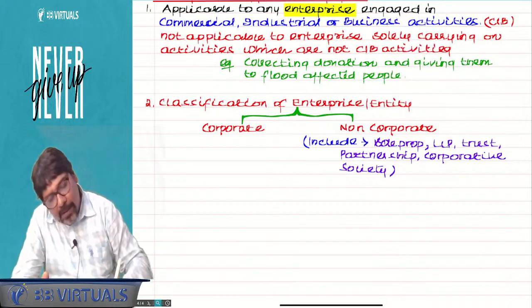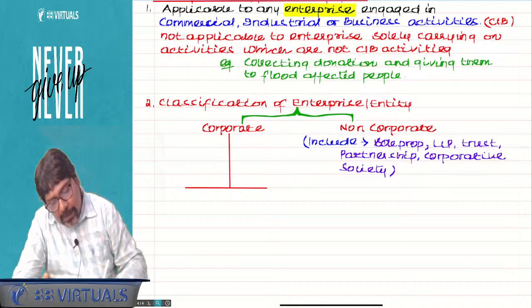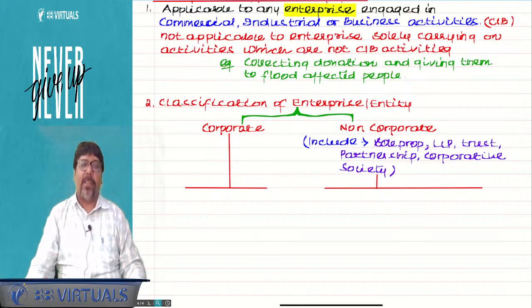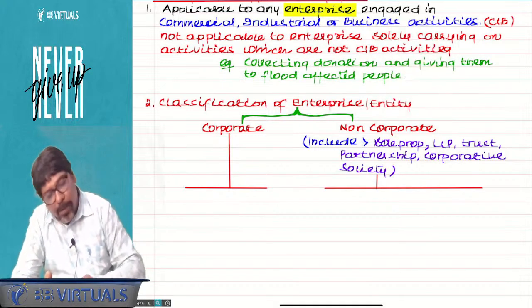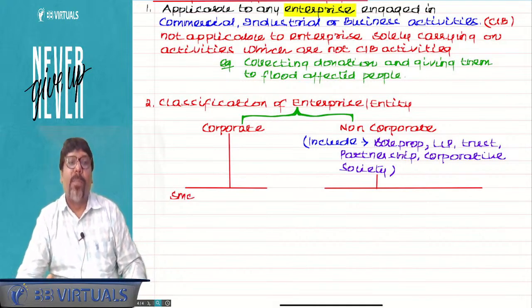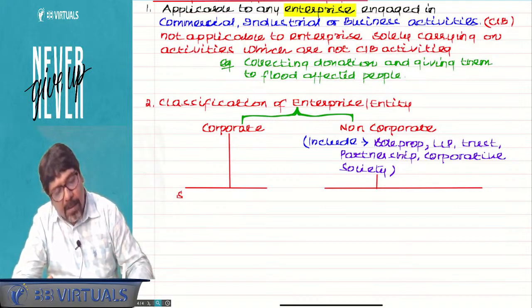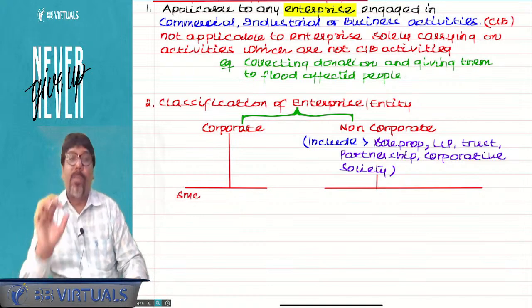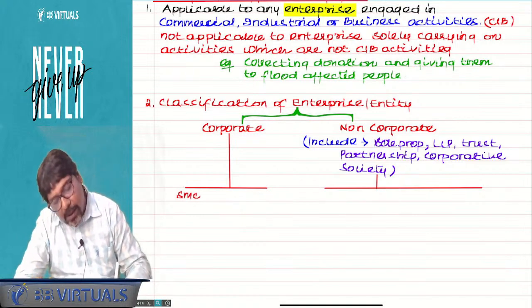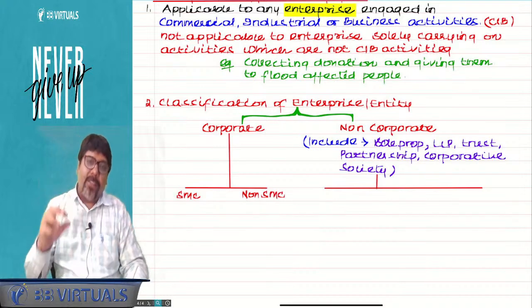Now chartered, corporate entities are divided into two categories. Non-corporate entities are divided into four categories. One is known as SMC, small and medium companies. Non-SMC means non small and medium companies.